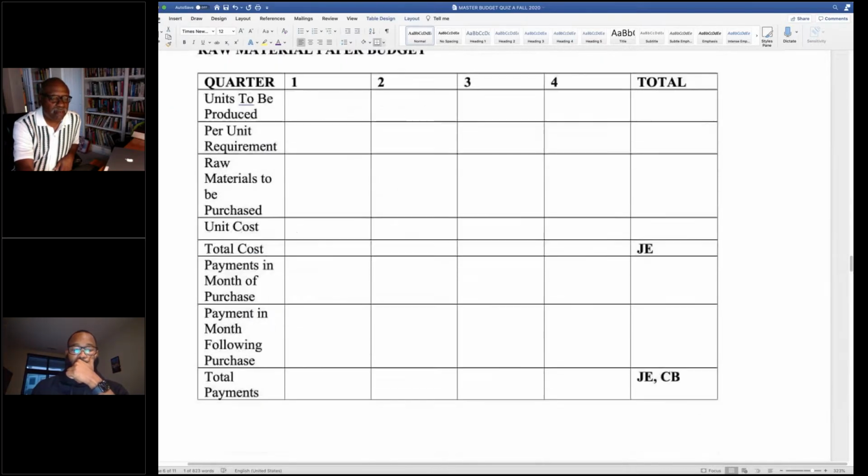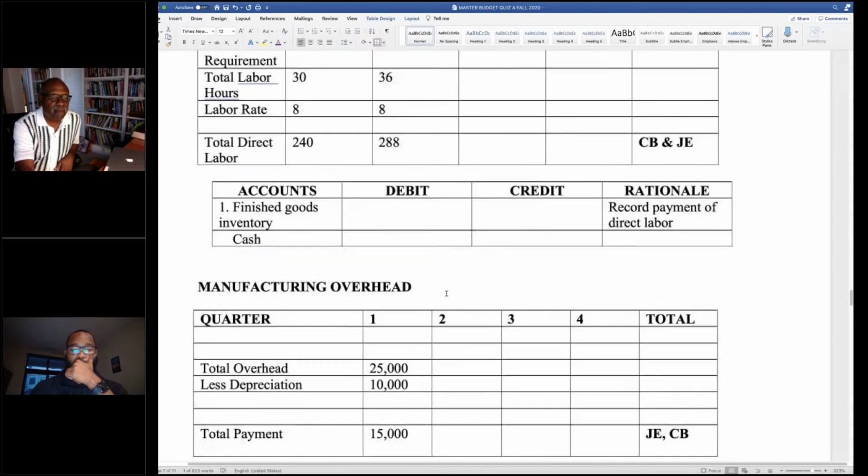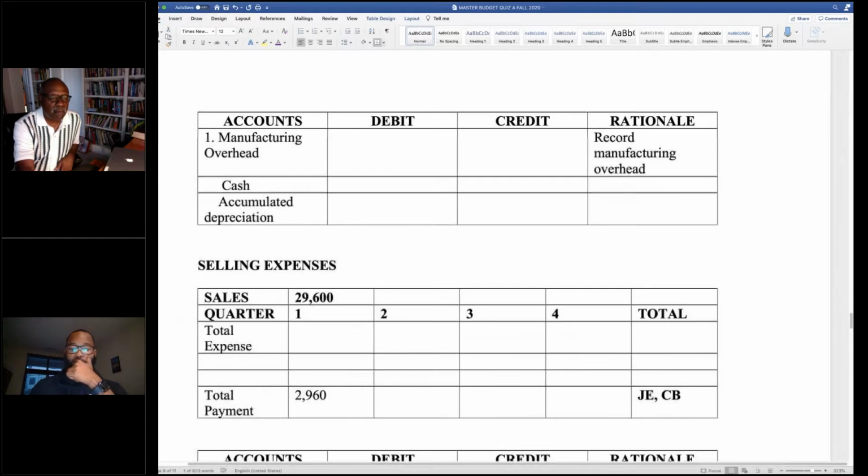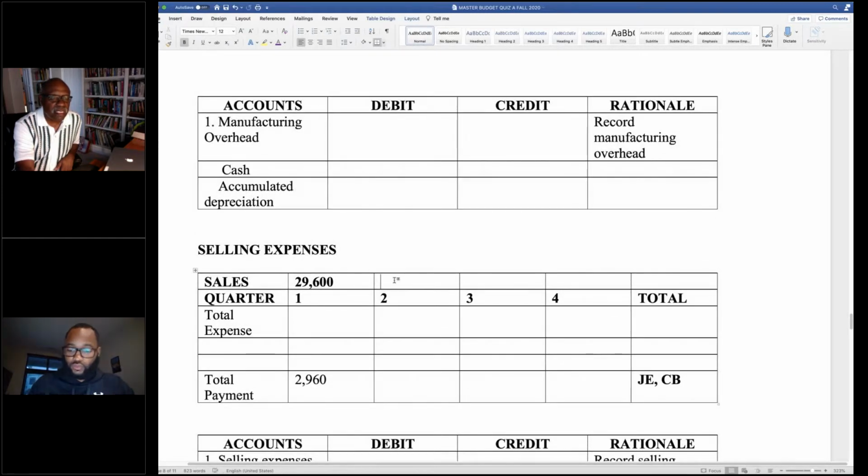Where are we going to take it to? Hold on, selling expenses. Oh, selling expenses, that's what we're going to. And we know we're paying them 10% commission. So the commission they want is what? 5,920.